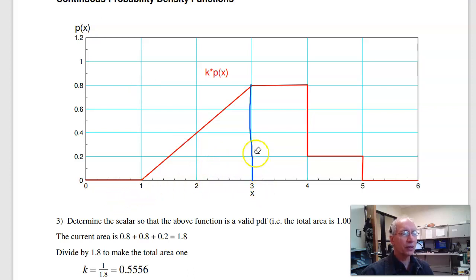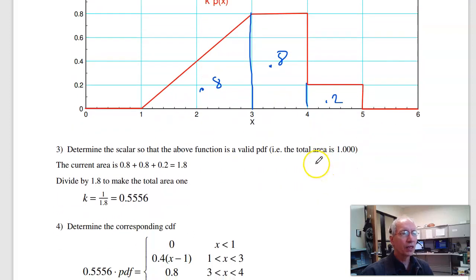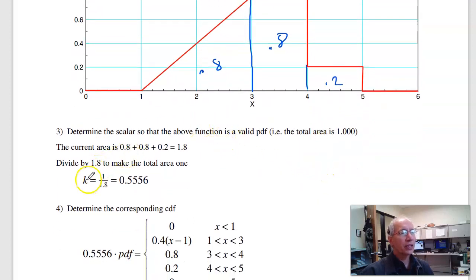So that's 2 times 0.8 divided by 2 gives an area of 0.8. This right here has an area of 0.8. And this has an area of 0.2. So add them all up, I have an area of 1.6, 1.8. So to make the area 1, k is 1 over that. 0.5555.